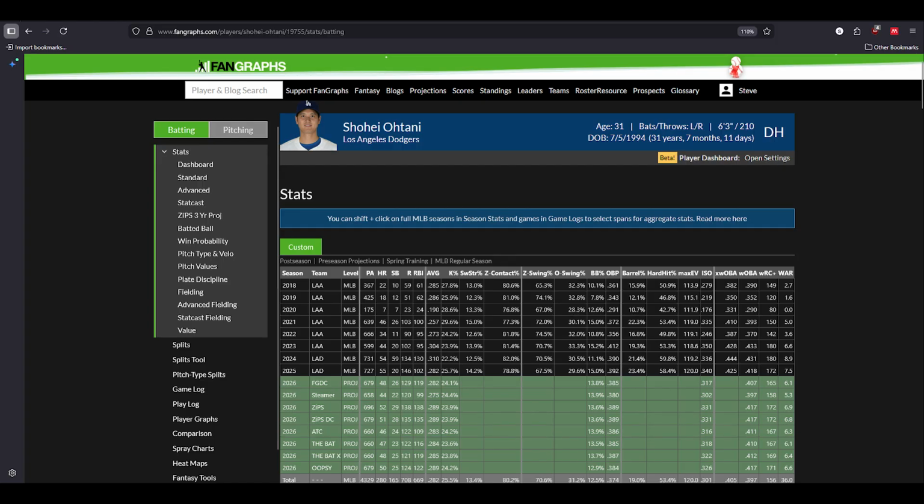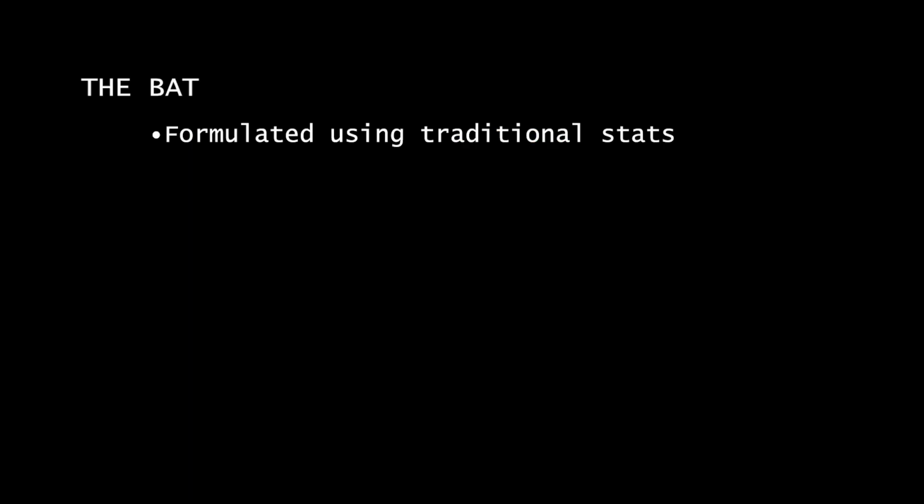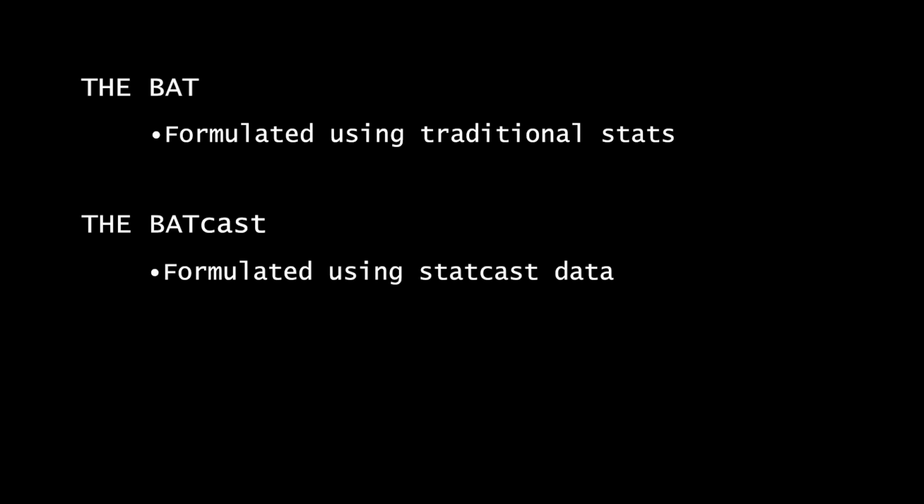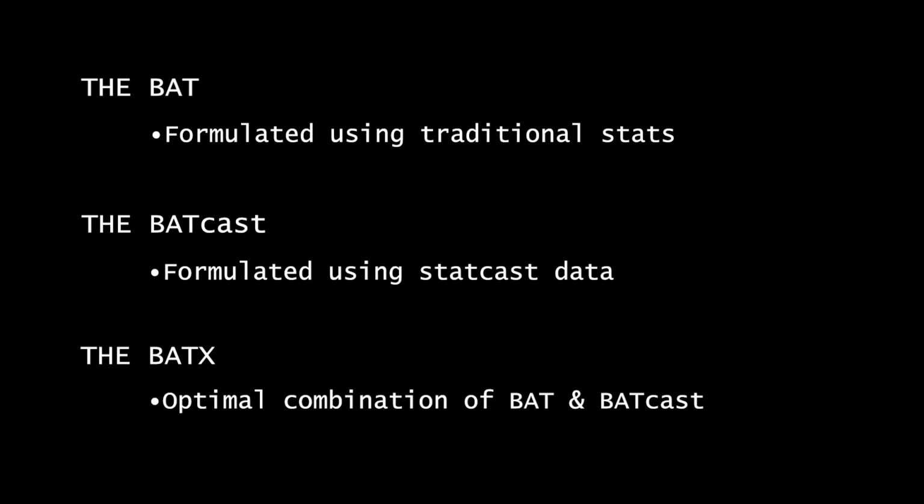And next we have the BAT and the BAT-X. These are projections made by Derek Hardy. The BAT was his original projection system he made, and then the BAT-X is a revamped version that blends the BAT with a version he made using only StatCast data called the BATcast, and he then subsequently found the optimal way to blend the non-StatCast projection, the BAT, with the StatCast one, the BATcast, into the BAT-X, which is the best of both worlds.